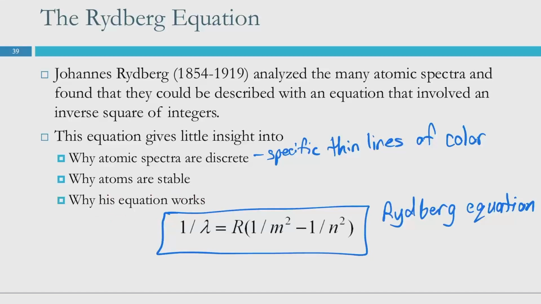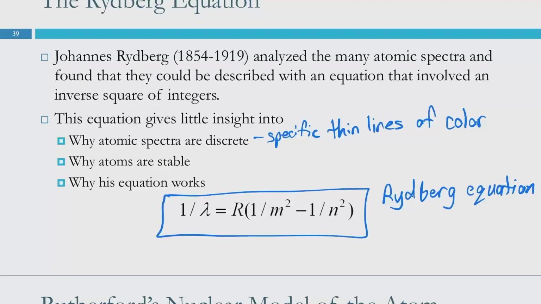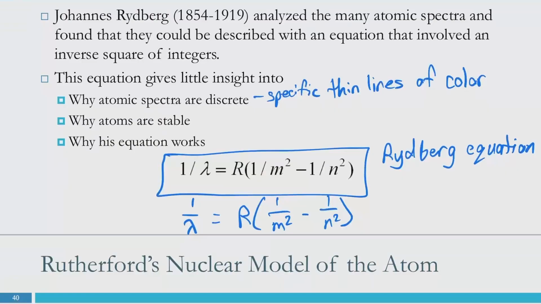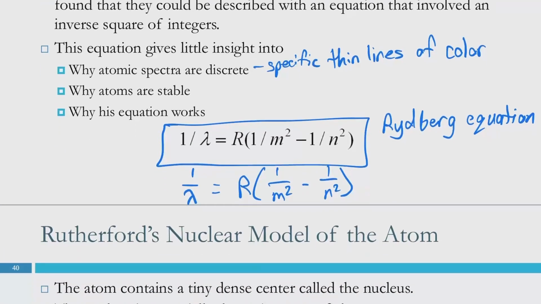It also doesn't tell us why his equation works, so we'll be looking into some of the reasoning behind why his equation works. I'm going to rewrite this slightly. So we'll see something later, possibly in today's lecture, that has a similar form to this Rydberg equation. We'll also be using the Rydberg equation a little bit in our lab.